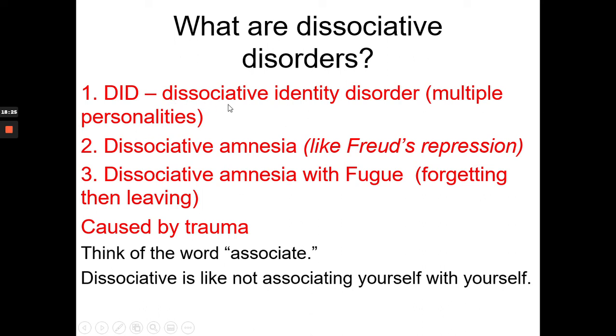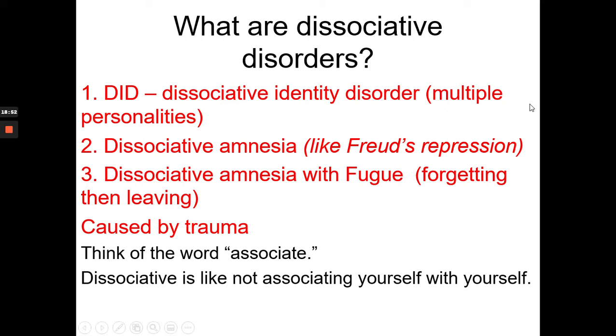We call it dissociative identity disorder. So if you suffer a trauma, then you could say, that didn't happen to me. That happened to Mary, my other personality. And it's a way to protect yourself from trauma. And that's why we get what used to be called multiple personality disorder.